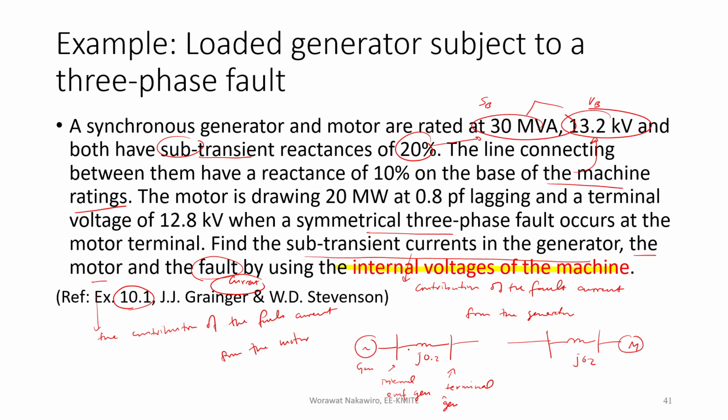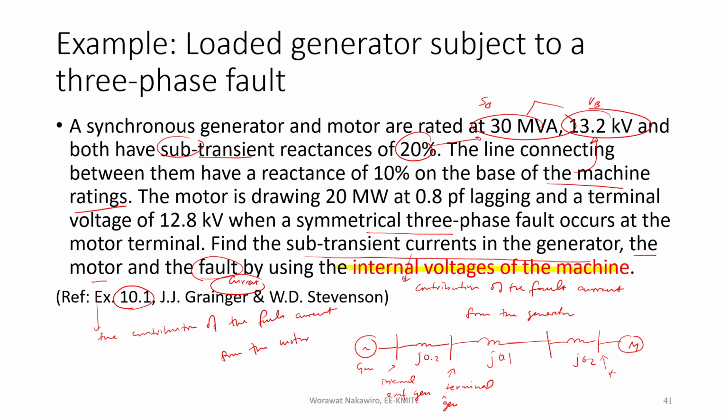The source on the left and the load on the right are connected through the transmission line with a reactance of 10%, which is 0.1 per unit, based on the ratings of the two machines, right?